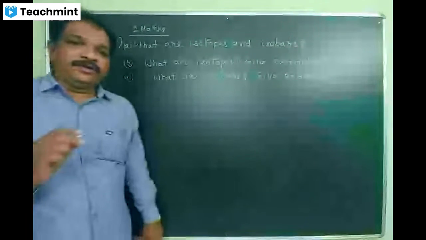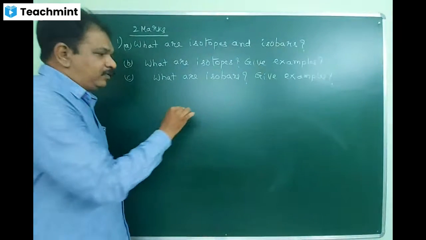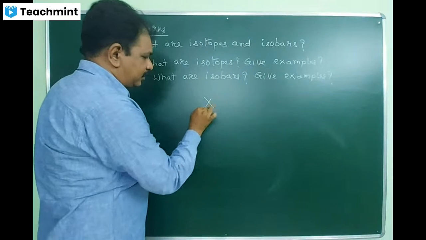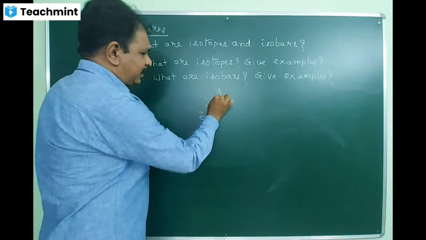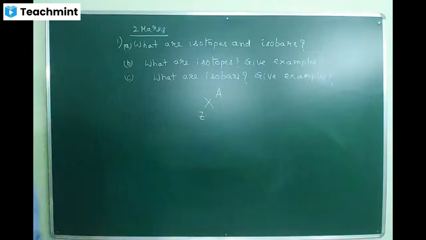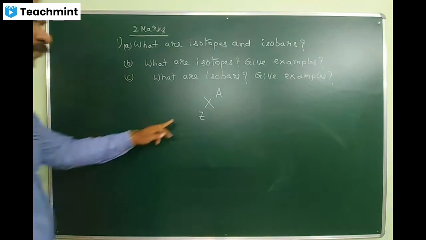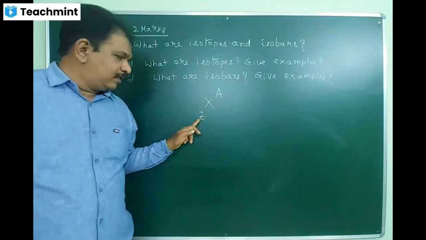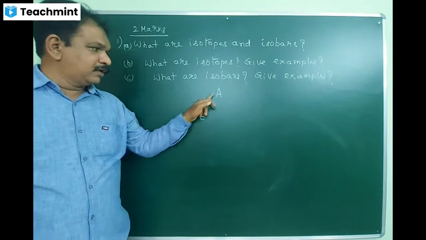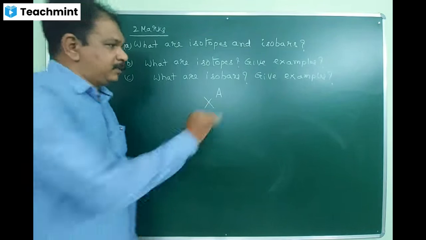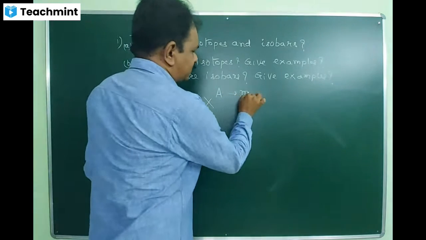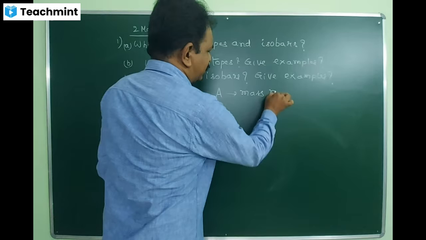While writing the nuclei, we write it in the format X, Z, A. Here X is the symbol for the nuclei, Z is the atomic number, and A is the mass number.